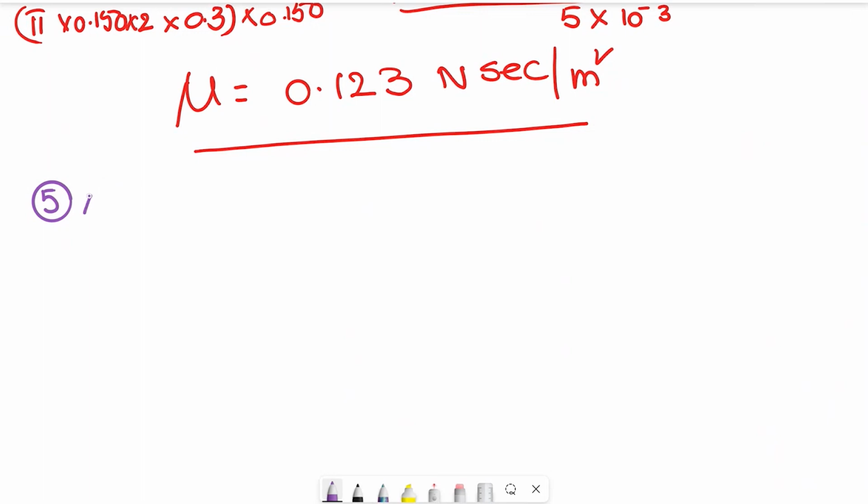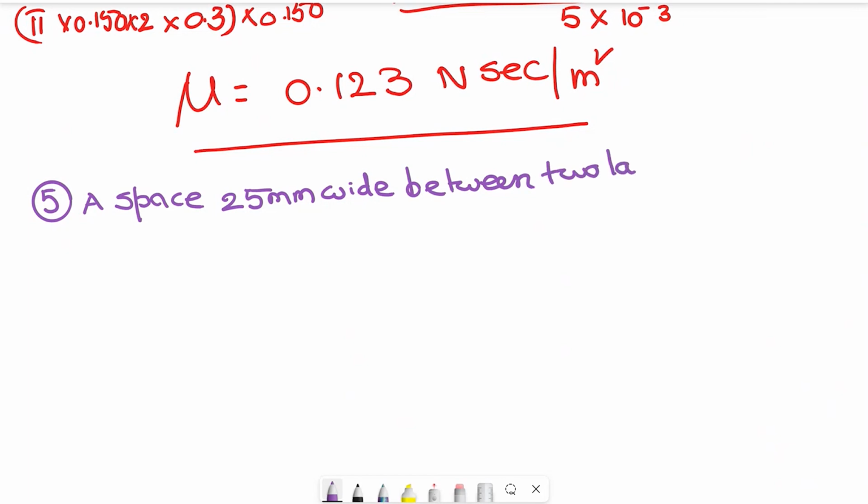The fifth problem is such that a space 25 mm wide between two large plane surfaces is filled with glycerin.